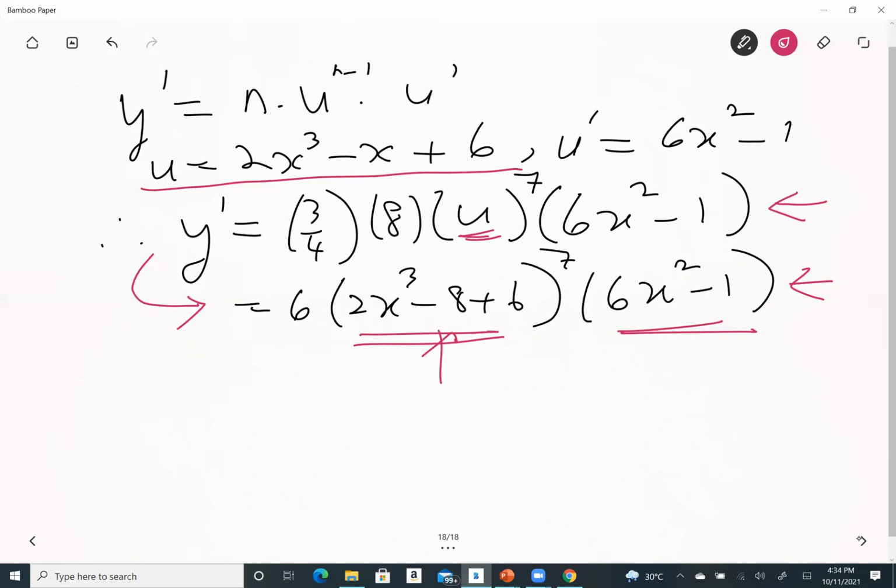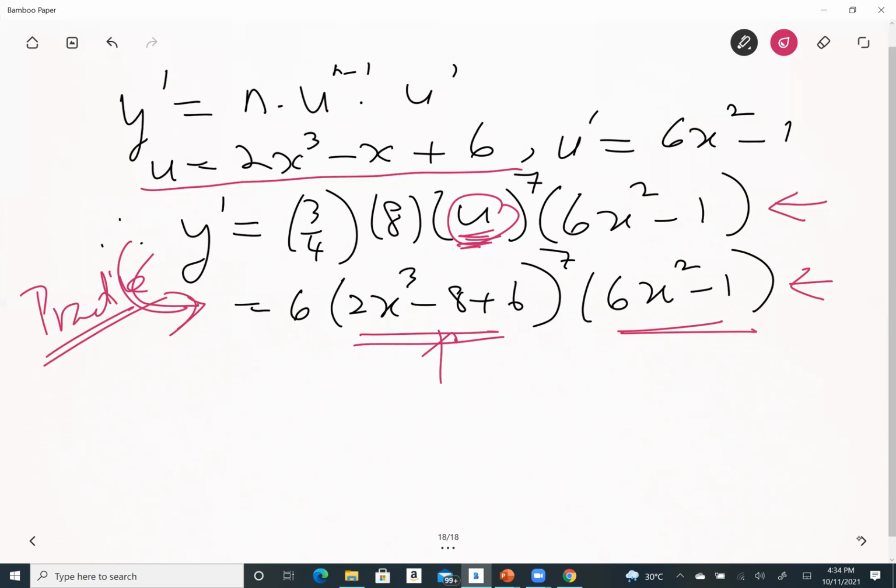But if you're not sure, then you write the other step. By practice, if we do a sufficient number of questions, you become familiar. So that is the general power rule.